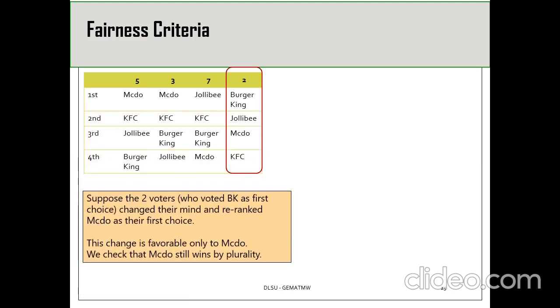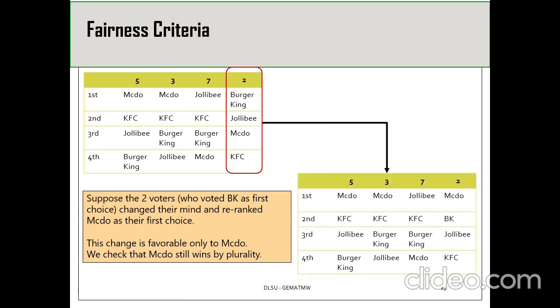Now, suppose that two voters change their mind and we rank McDonald's as their first choice. So let's say the result should be this. Notice that this change is favorable only to McDonald's. And notice that McDonald's still wins by plurality.